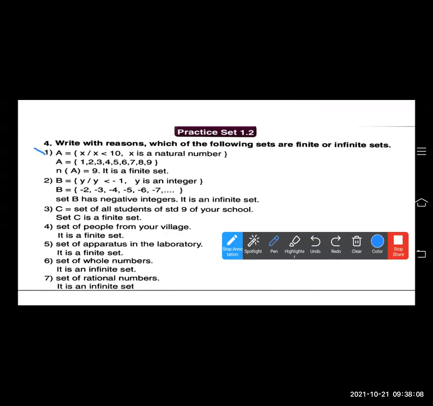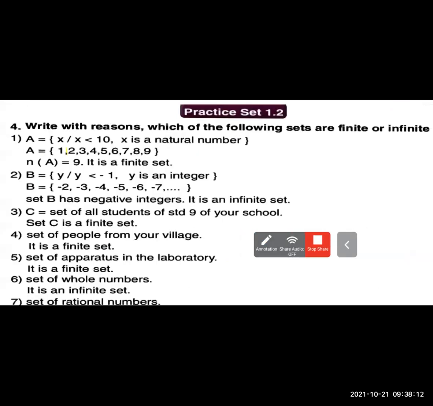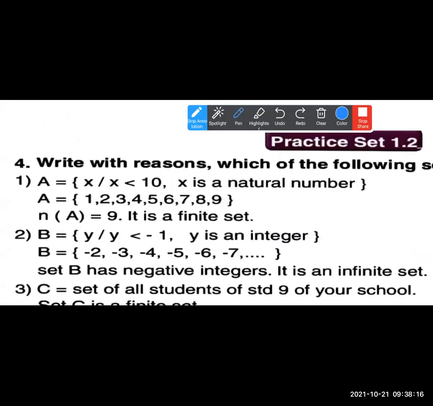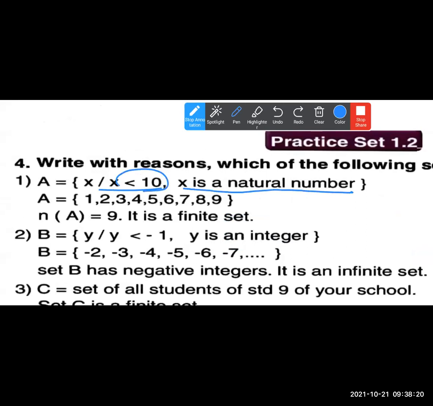A is equal to the set of all x such that x is strictly less than 10, and x is a natural number. Strictly less than 10 means you don't have to include 10. A is equal to 1, 2, 3, 4, 5, 6, 7, 8, 9. The number of elements in A is 9 and it is a finite set.